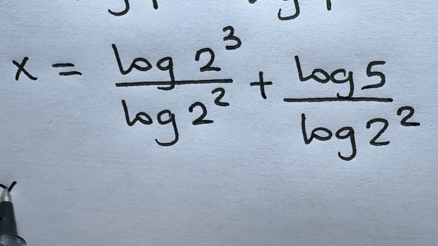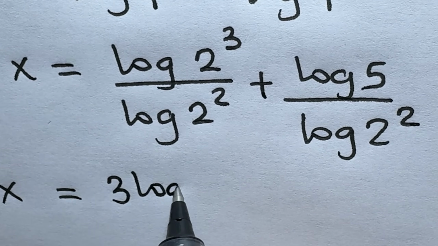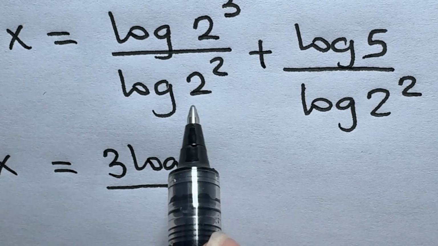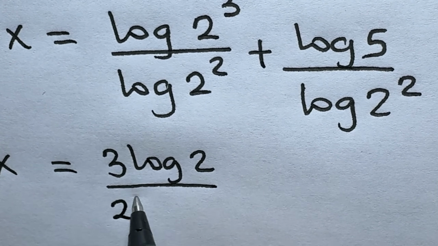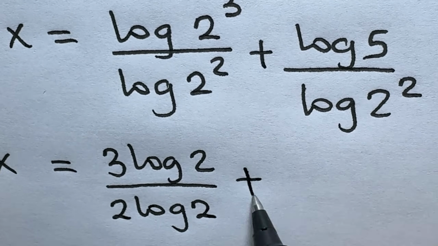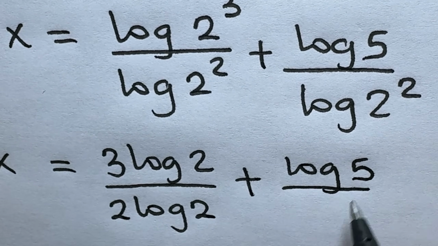Then x is equal to 3 log 2 divided by, this will be 2 log 2, then plus log 5 divided by 2 log 2.